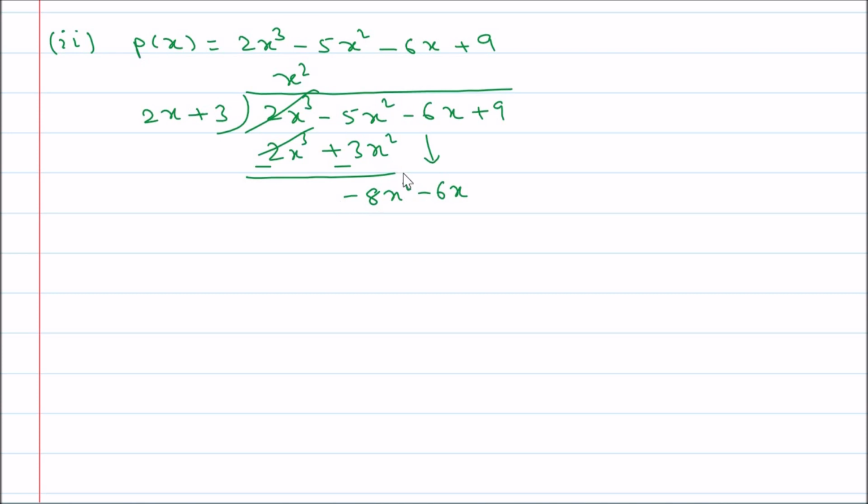Now we have to think what to take. So we will take minus 4x. So minus 8x square minus 12x. Change the sign.